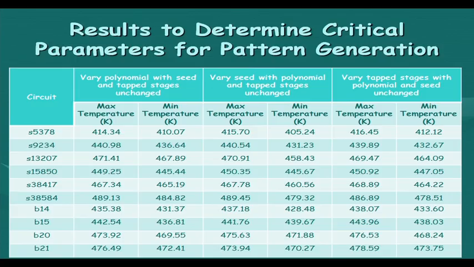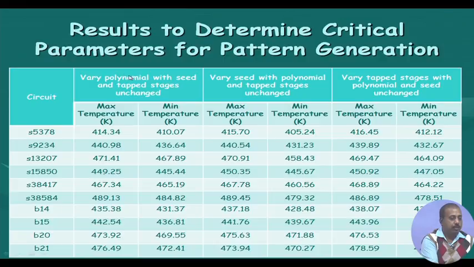If we do an analysis on, for example, the S5378 circuit, we run it several times by varying the polynomial of the LFSR with the other 2 factors, the seed and the tapped stages, remaining unmodified, and see what is the maximum temperature and minimum temperature achieved for this particular circuit.